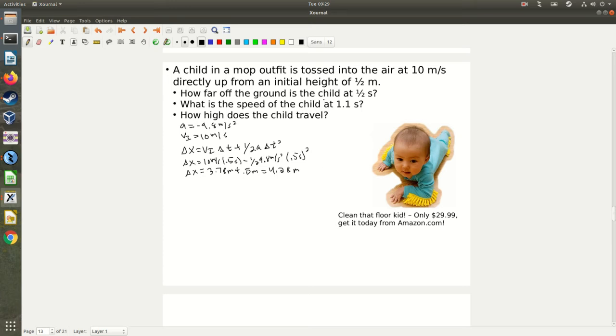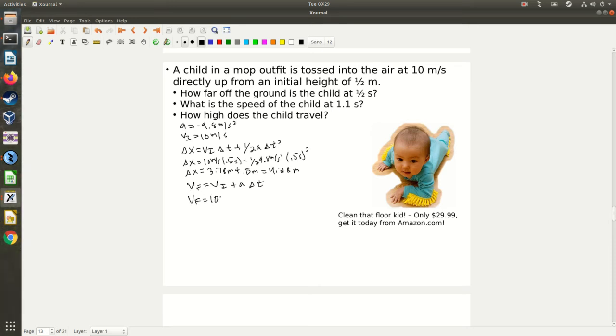moving on, sorry. All right, so we now know the height of the child at a 1/2 second. We need to figure out the speed of the child at 1.1 seconds. So, easiest thing to do here is to use the fact that Vf is equal to Vi plus a delta t. And I want to figure out what the final speed is.